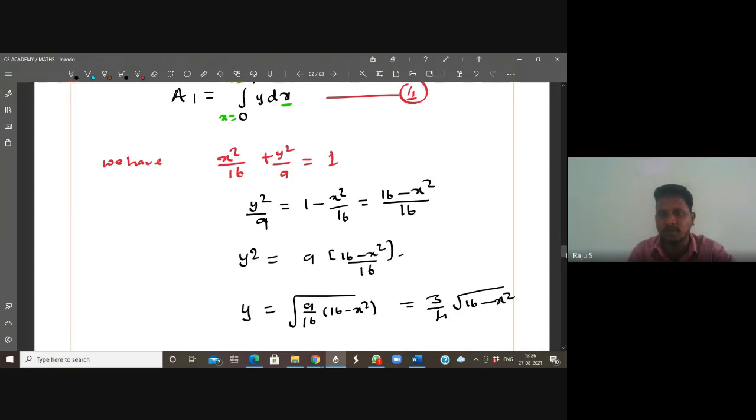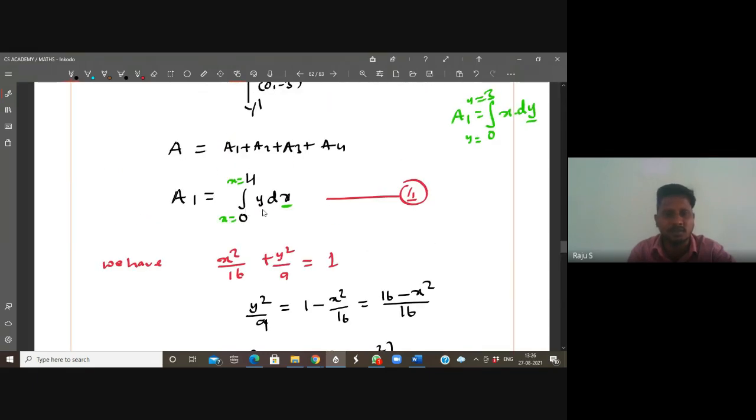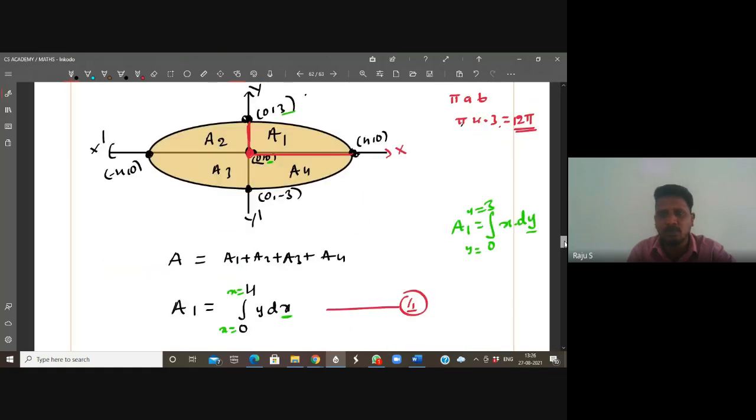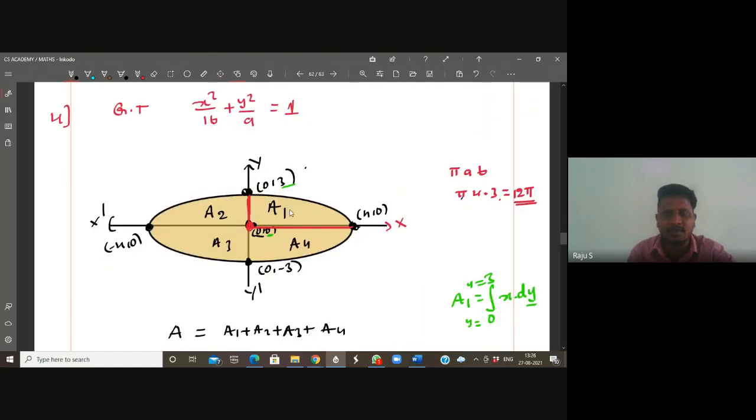This is the y value. This y value can be substituted in equation 1. What I'm doing, students, is first finding the area of A1. After that, the total area is given by 4 times A1. To find the A1 area, I'm using x limits 0 to 4. You may use y limits also, right?